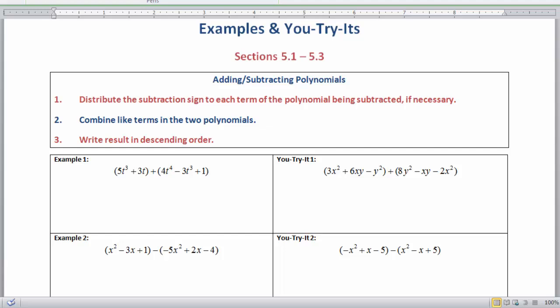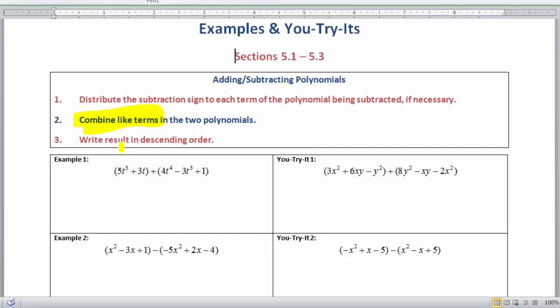So the first little topic here is just adding and subtracting polynomials, which essentially just boils down to combining like terms, right? So really, like in example 1 here, 5t cubed plus 3t plus 4t to the fourth minus 3t cubed plus 1, those parentheses really mean absolutely nothing, and all you're really doing here is just combining the like terms.